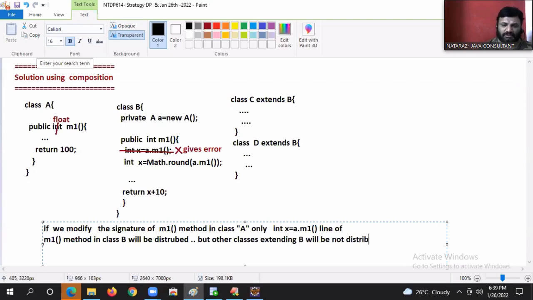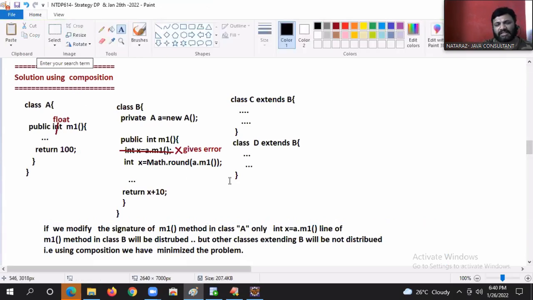That means using composition, we have minimized the problem.